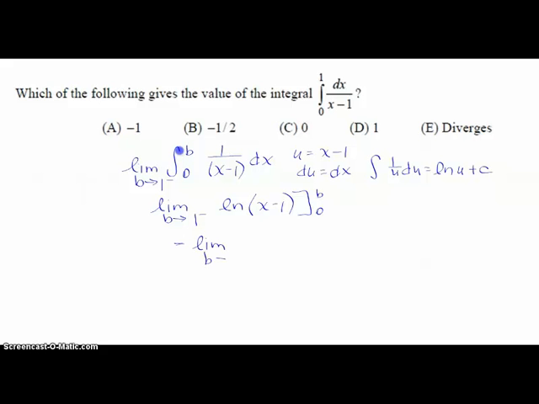Fundamental theorem, as b approaches 1 from the left, the natural log of b minus 1 minus the natural log of 0 minus 1. This one is definitely where we need to bring the absolute value to our antiderivative function because we're going to have a negative input value there.